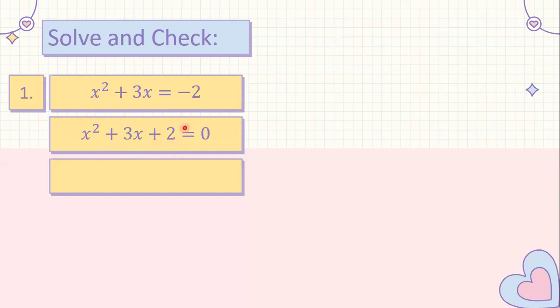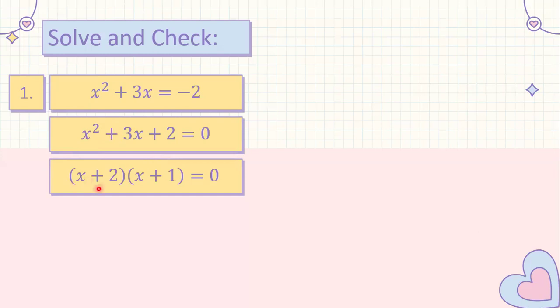Now, we think of the factors of 2 that when we add, that gives us positive 3. So, factors of 2 is 1 and 2. To get 3, we must have both of them positive. So we have now x plus 2, x plus 1 is equal to 0.